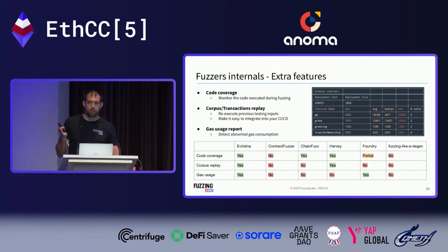If you are just before the gas exhaustion, you will not notice it. So in that case, having a gas report and being able to know that this specific sequence of transactions is burning a lot of gas can indicate that you need to improve the code on that part, or maybe find a way to reject the transaction or prevent this from happening beforehand. Again, some fuzzers are actually doing that.